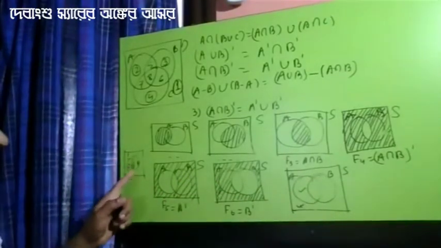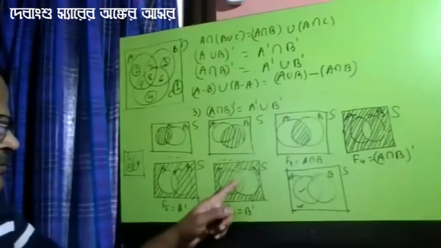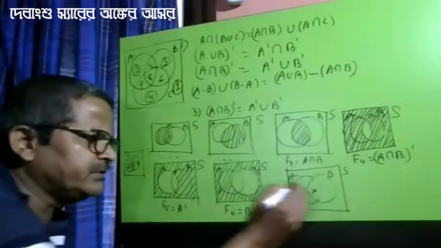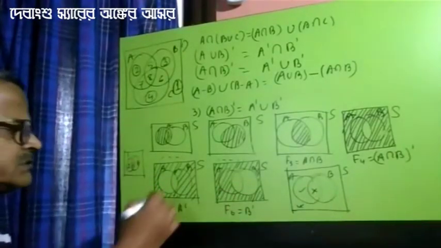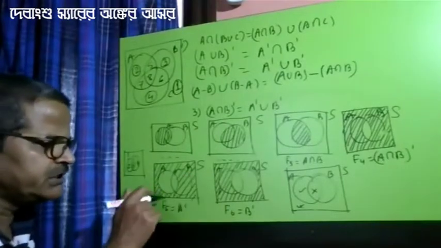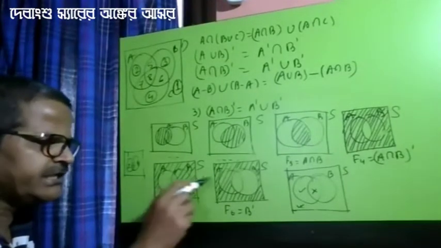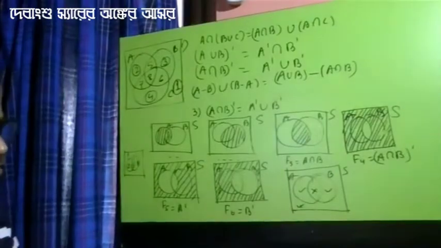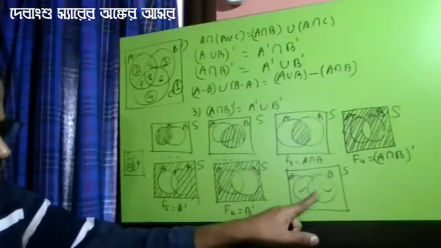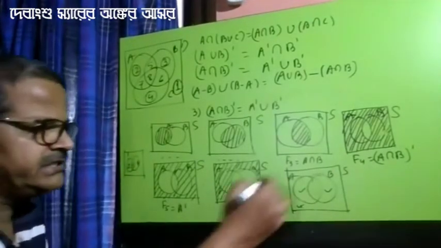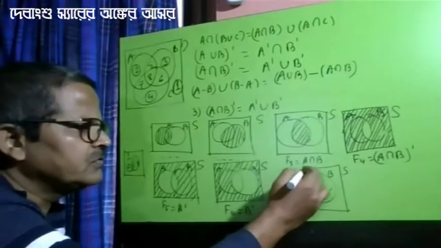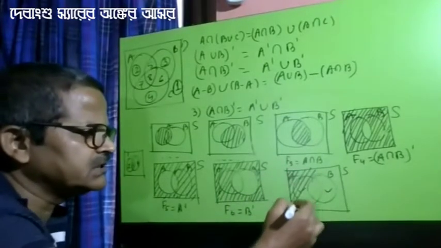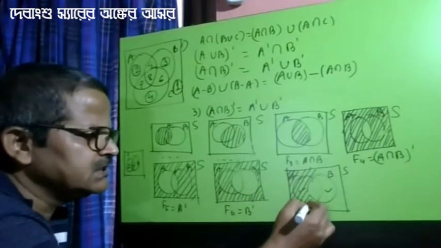Now the portion 3 is not included here, so 3 will not be included. Now the portion 4, the fourth portion, is included in this diagram but not in this, so it will be in the union. So except these, all other portions are to be shaded. So I shade all the portions except these.